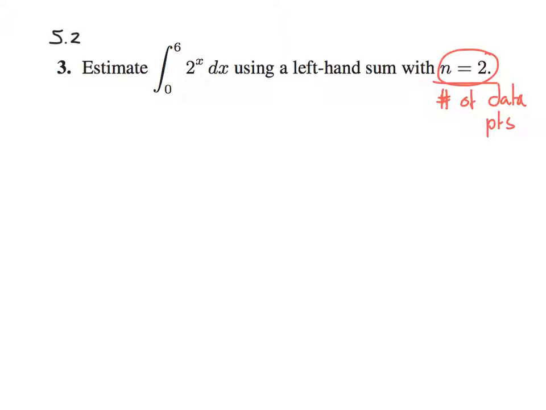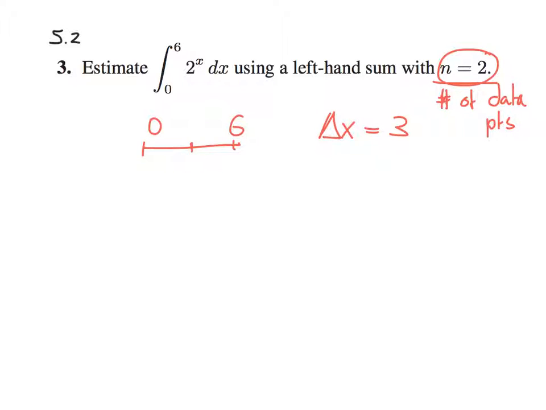So the first thing that you do then is you look at your interval, which is 0 to 6, and you divide it evenly, so that you get 2 data points equally spaced. So in this case we would have to take the step width, so delta x would be 3, because we have 2 data points, a total length of 6.